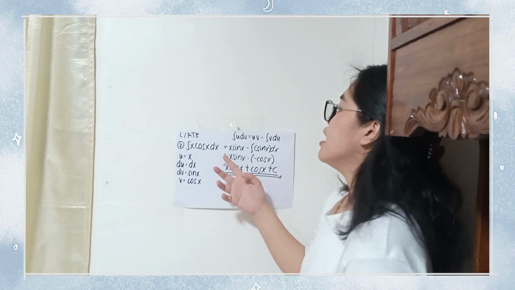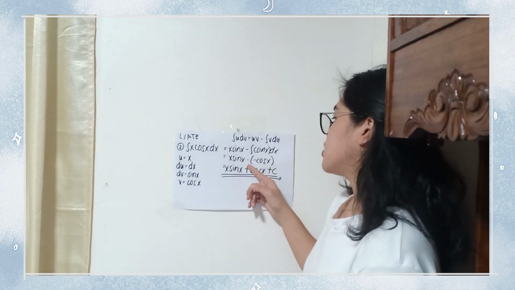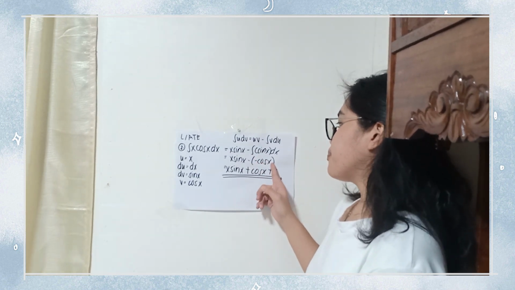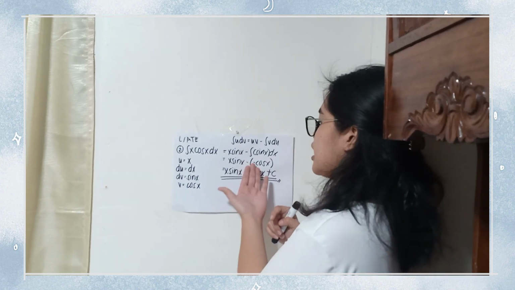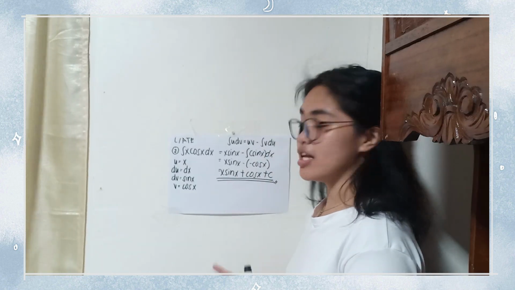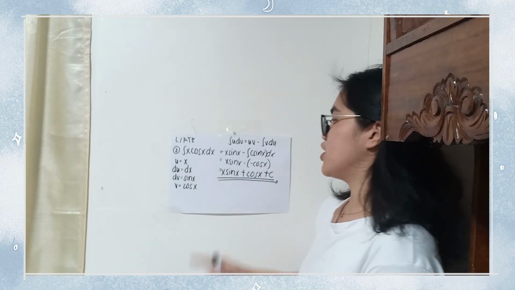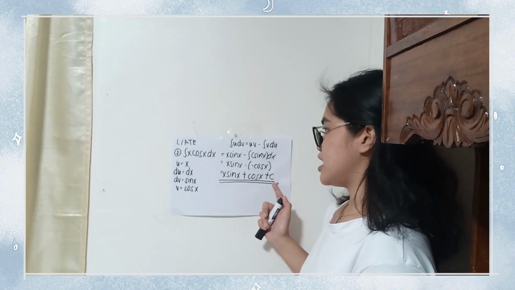So it will become x sine x minus negative cosine x. We can multiply this operation, so it will become positive. So the final answer for this equation is x sine x plus cosine x plus c. So that's it.